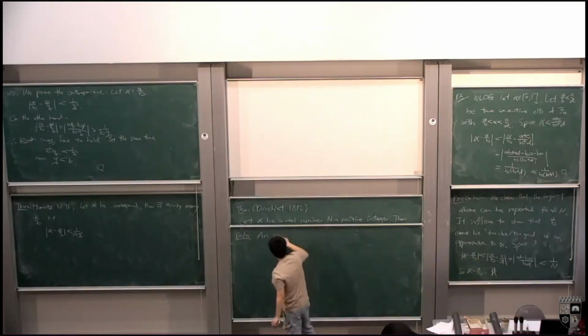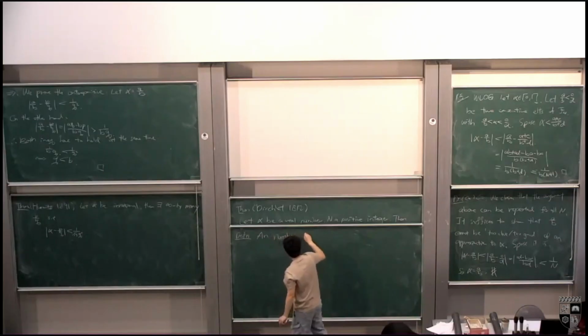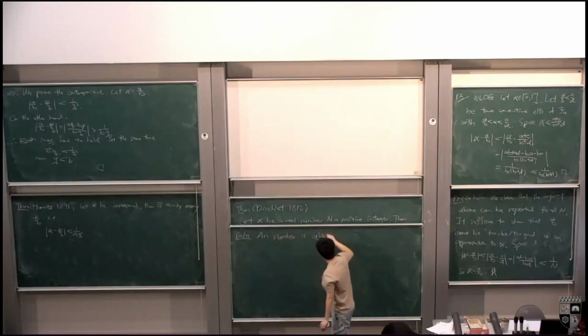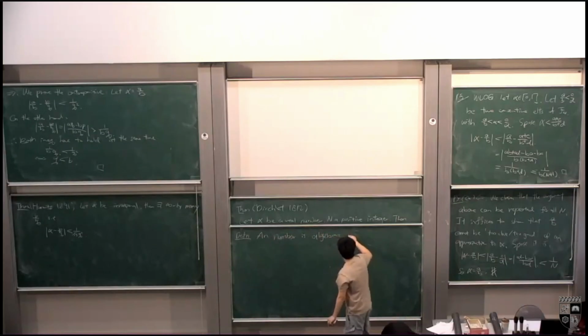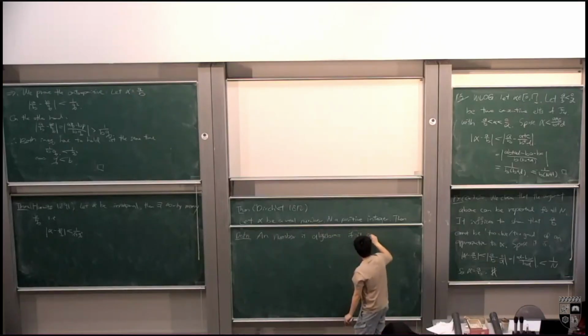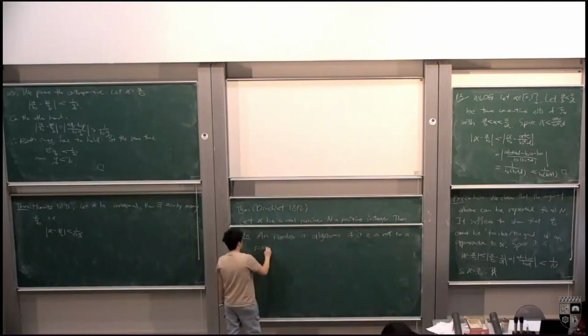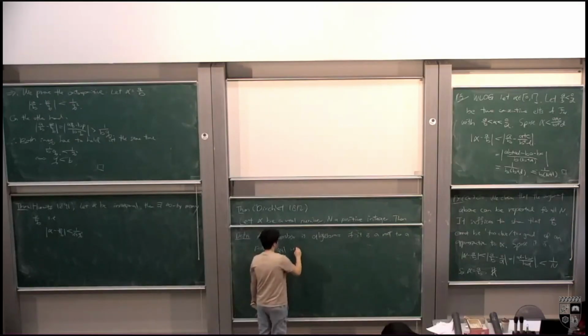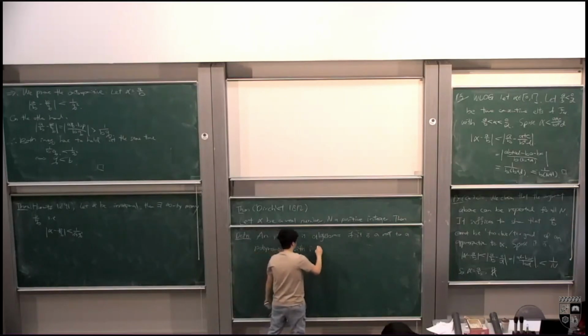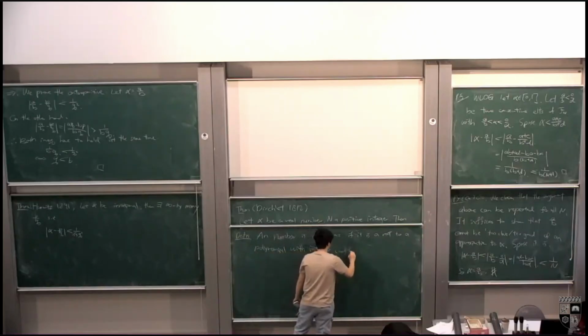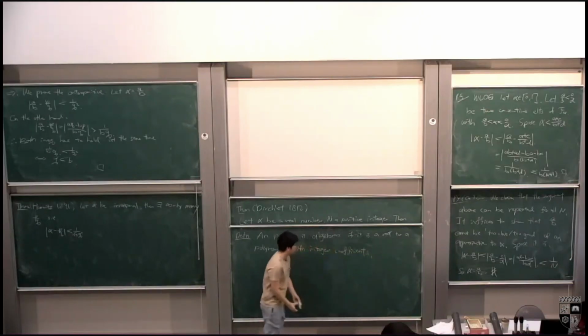A number is algebraic if it is a root to a polynomial with integer coefficients.